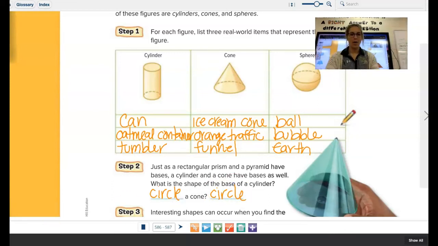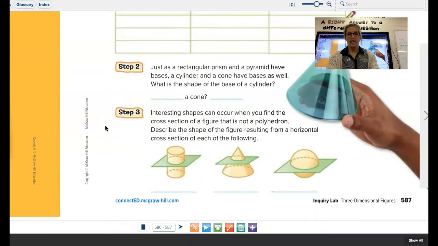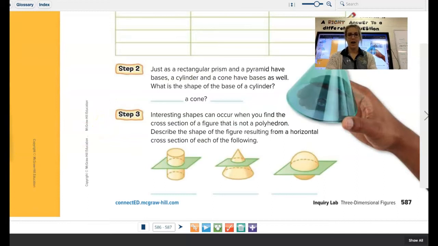What we're going to talk about next, so I'm going to erase this, is that it's interesting that shapes can occur when you find the cross sections of a figure that is not a polyhedron. Describe the shape of the following figure resulting from a horizontal cross section.